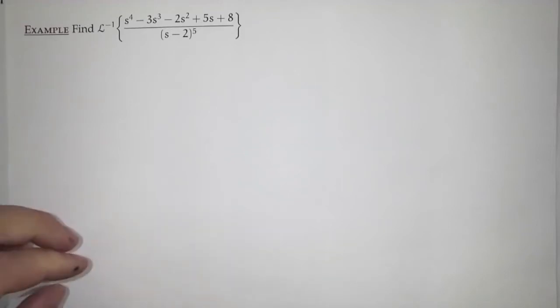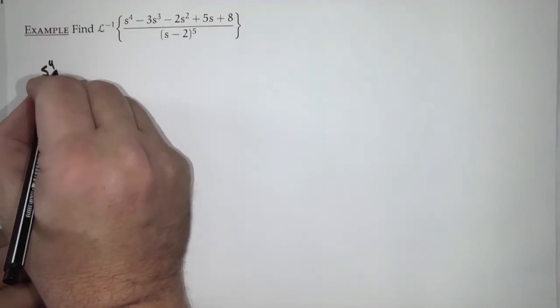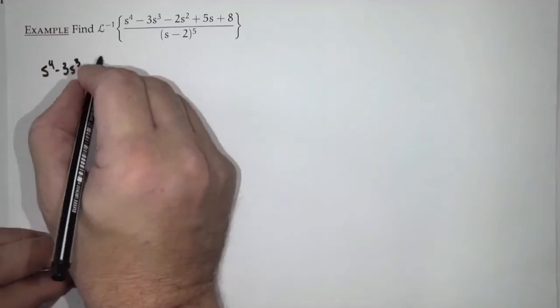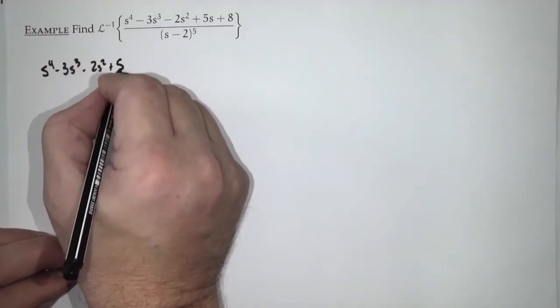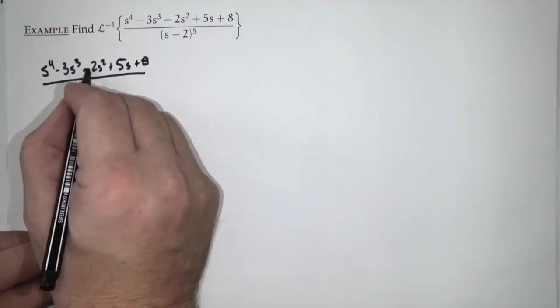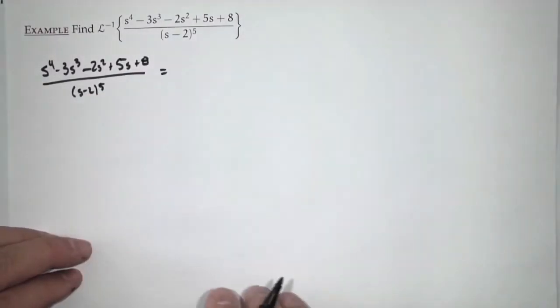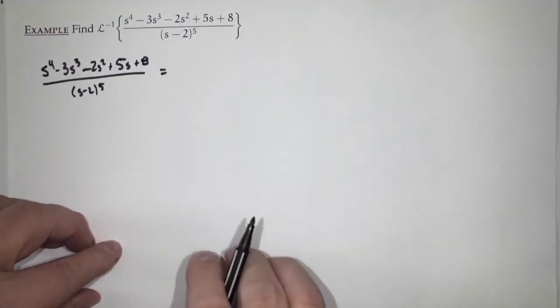Partial fractions. Okay, so s to the 4th minus 3s cubed minus 2s squared plus 5s plus 8, all this divided by s minus 2 to the 5th. Okay, so according to the rules for partial fractions, what should we have?